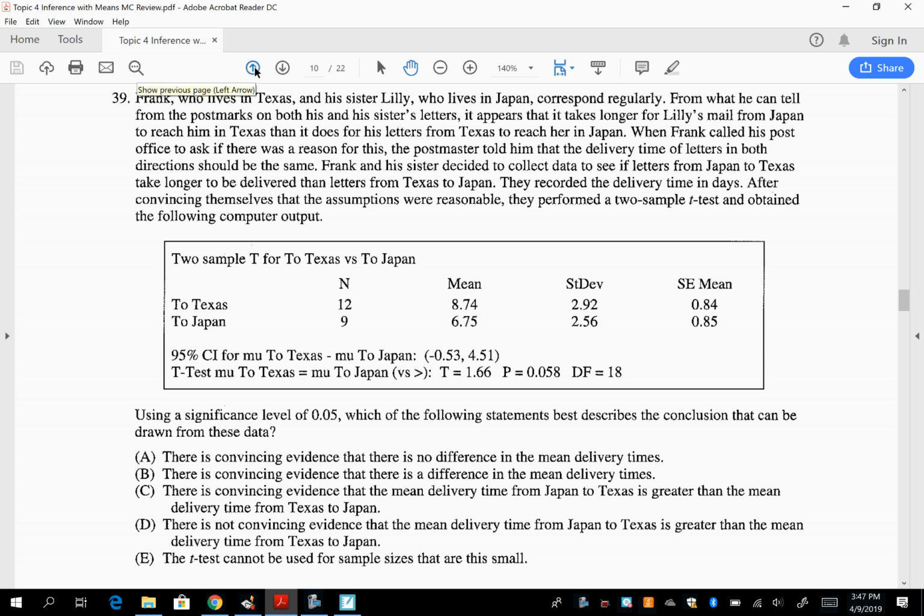And they, being statistics students, are curious to see if there's a difference in the average delivery time in days going in either direction, from Texas to Japan or Japan to Texas. All right? So, if you look at the table, you can see they used 12 letters going from Japan to Texas, and 9 letters going from Texas to Japan. Here are your statistics.